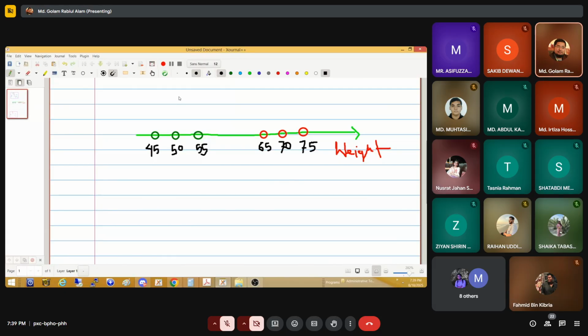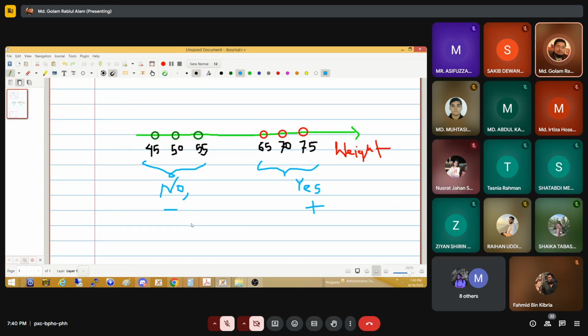So let's say these are the people with obesity, they are obese. Yes means positive. And these are the people with no obesity, so those are the negatives.